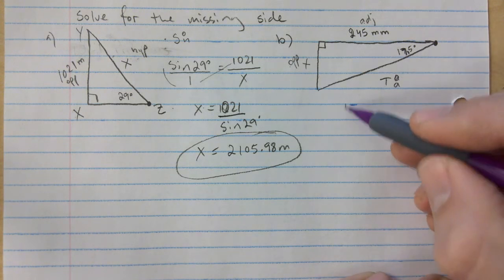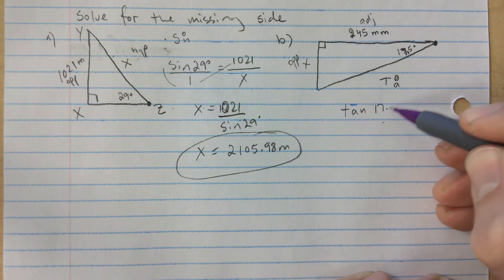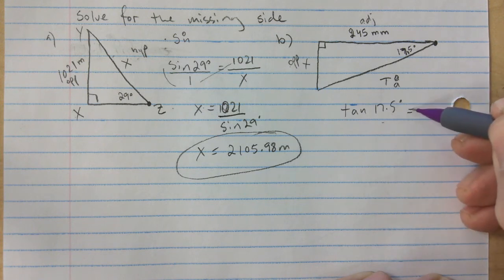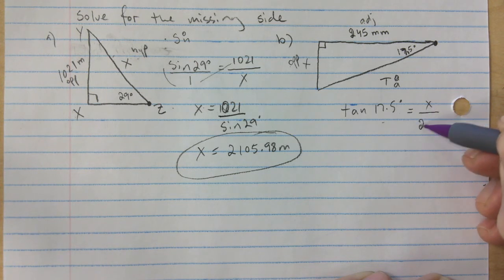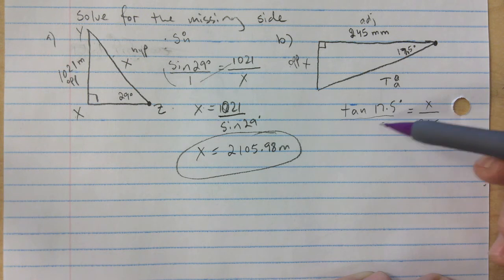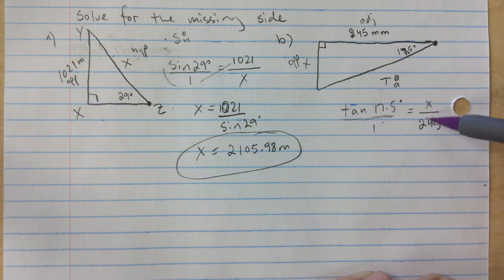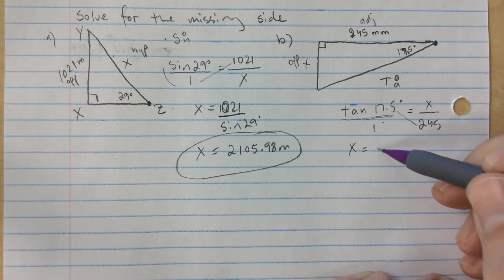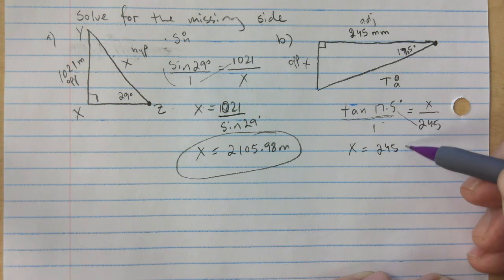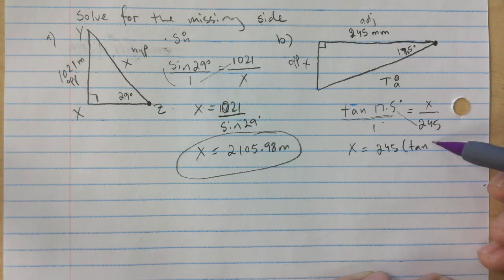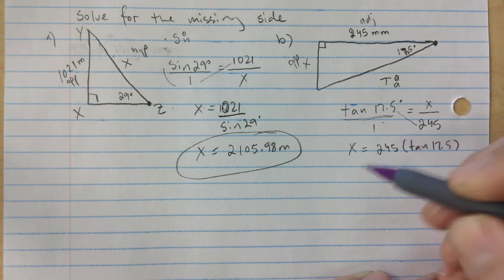Tan. So tan of 17.5 degrees is equal to opposite over adjacent. But the 1 here, not really needed. It's just that times that divided by 1, which is irrelevant. So x is going to be 245 times tan of 17.5.